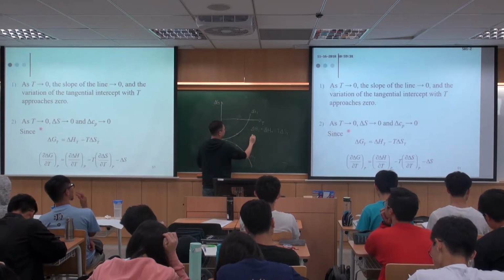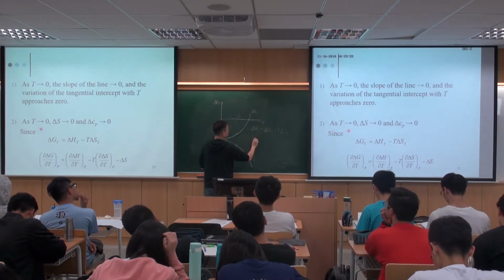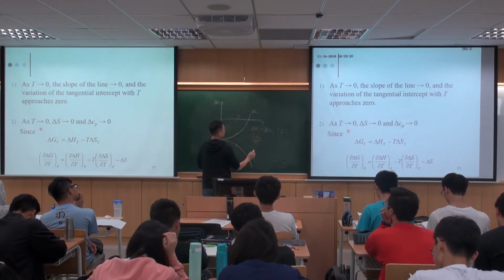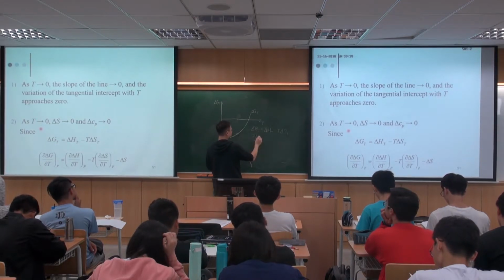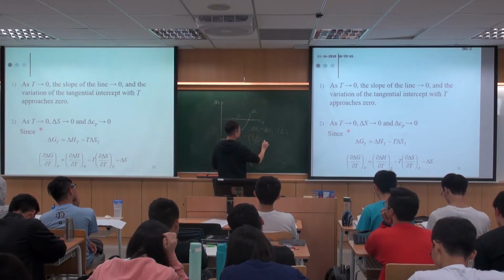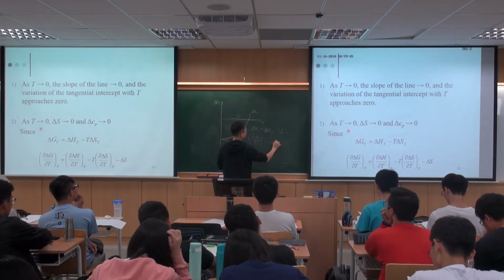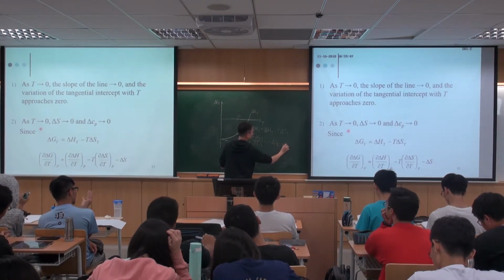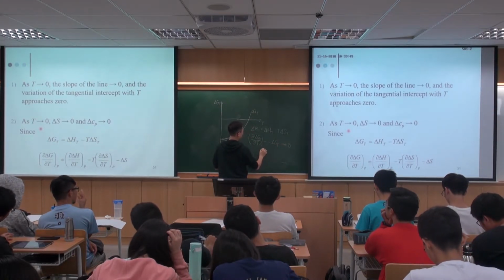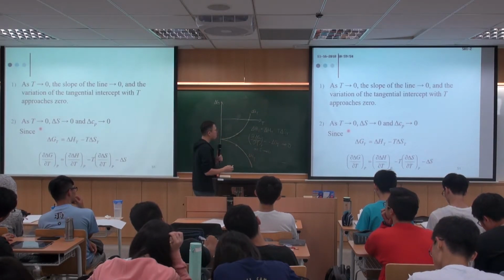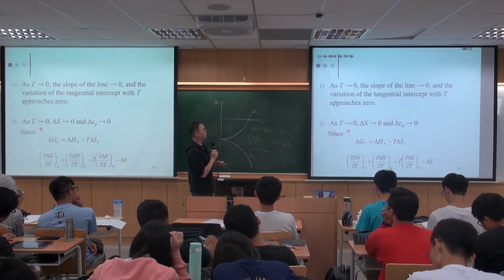And we know that this thing, constant pressure, this is minus delta S t. This is approaching 0 as T is approaching 0. Right? This is the first thing.